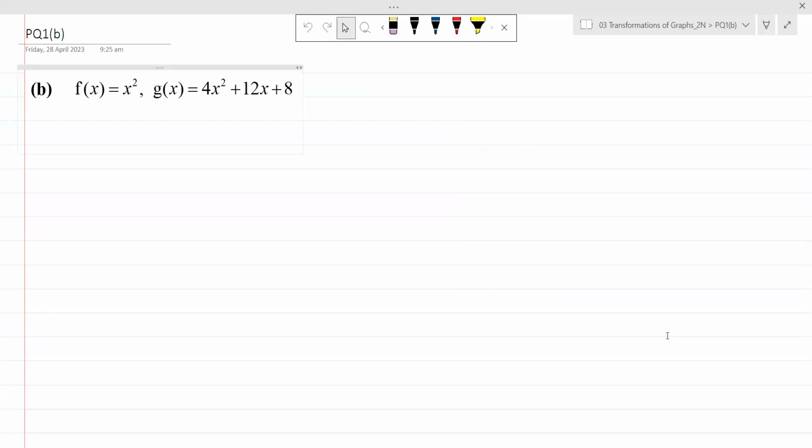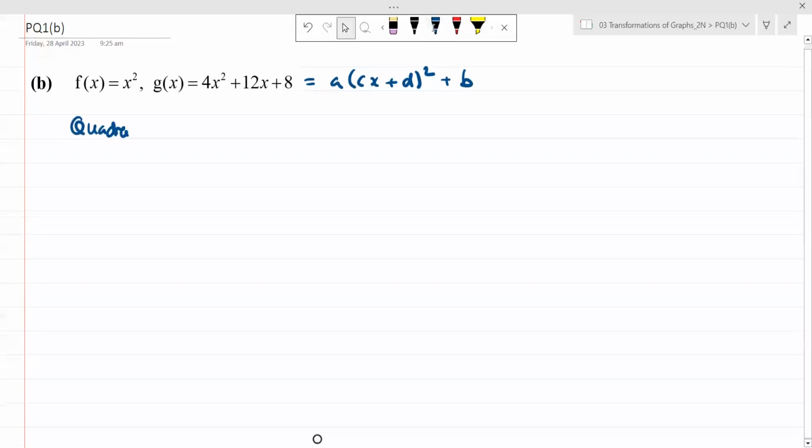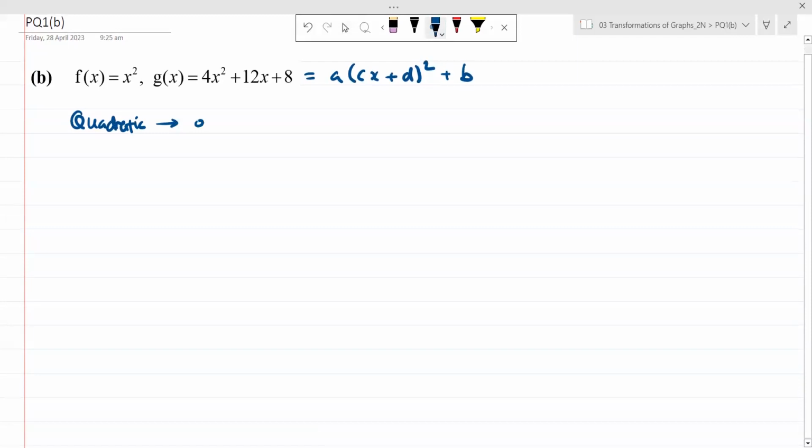Okay, so same thing. We want to ask ourselves, how do we rewrite this into a form that looks like this? So in part A, the moral of the story was you see logarithm, you use law of logarithms. You see a quadratic, use completing a square. Okay, so let's do this one.